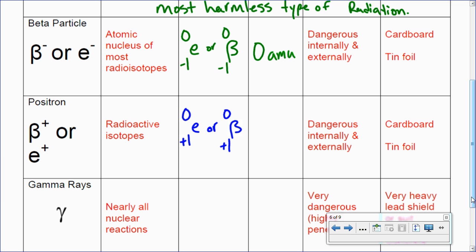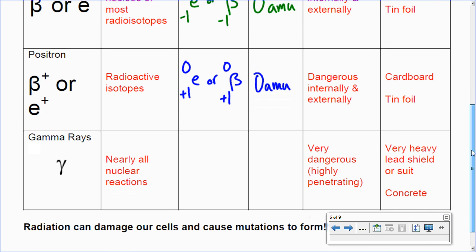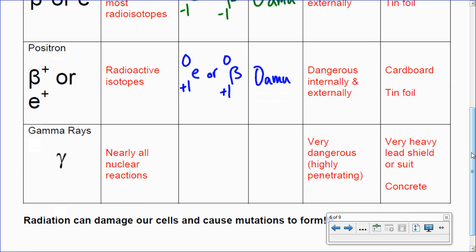It's like a CAT scan, but it's called a PET scan. These, again, have no mass, 0 AMU. And since they have no mass and the opposite charge of an electron, again, the cardboard or tinfoil is going to stop it.